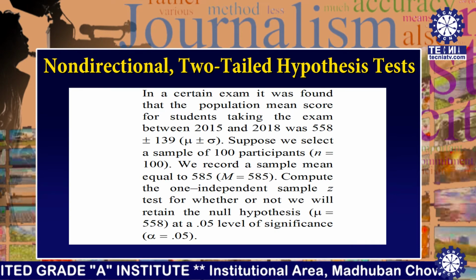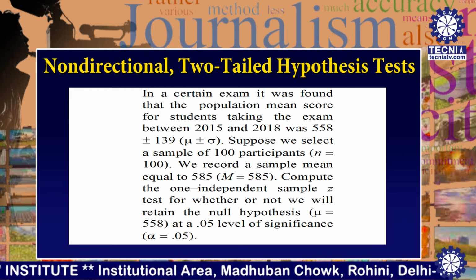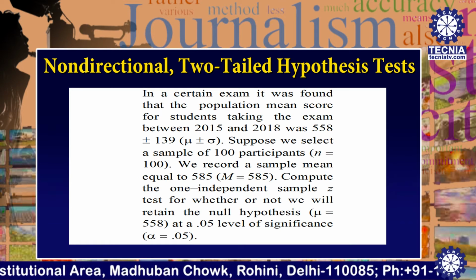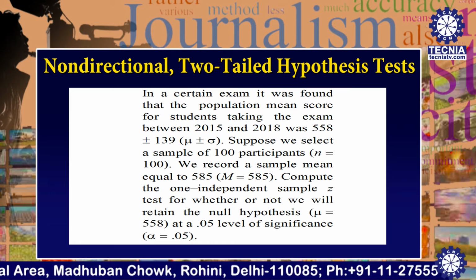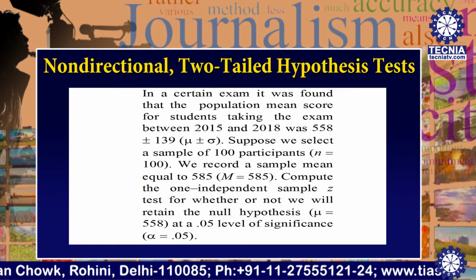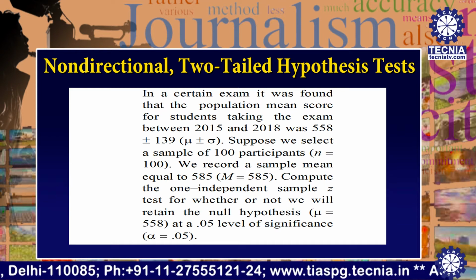In a certain exam, it was found that the population mean score for students taking the exam between 2015 and 2018 was 558 plus minus 139, that is mu equal to 558, sigma equal to 139.